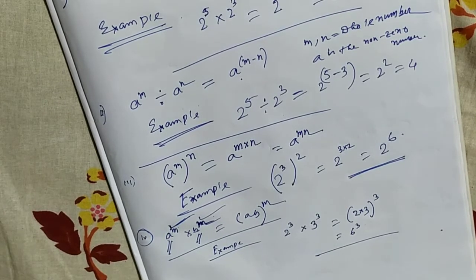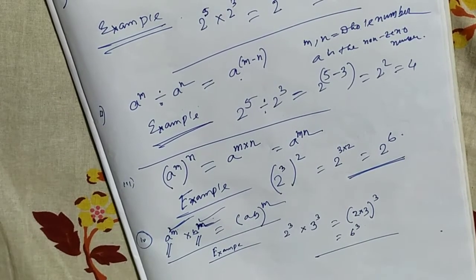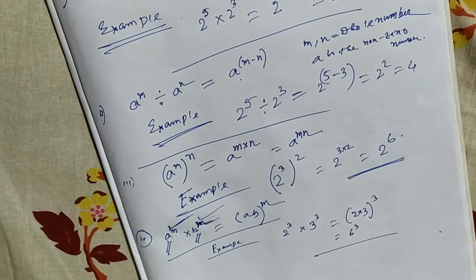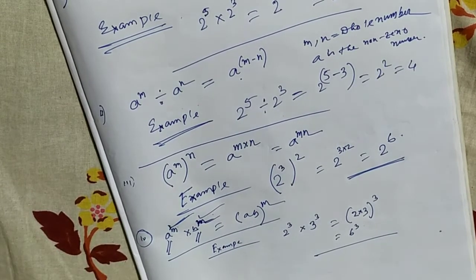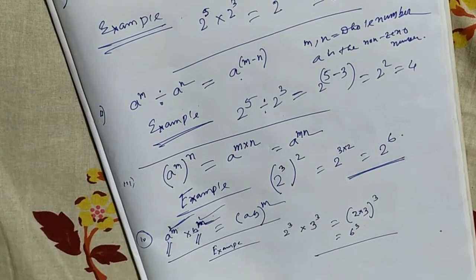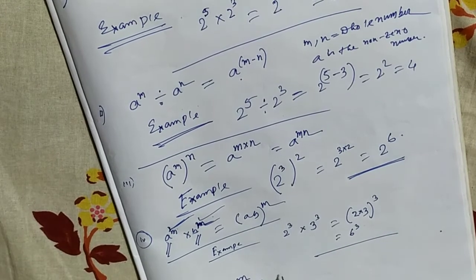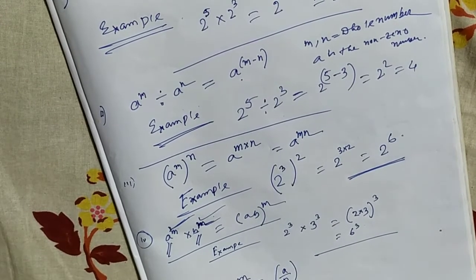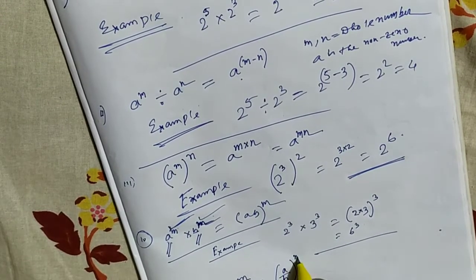Law number 5 says a to the power m divided by b to the power m is equal to a by b whole to the power m.